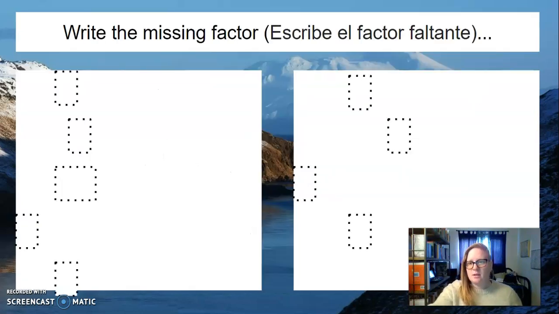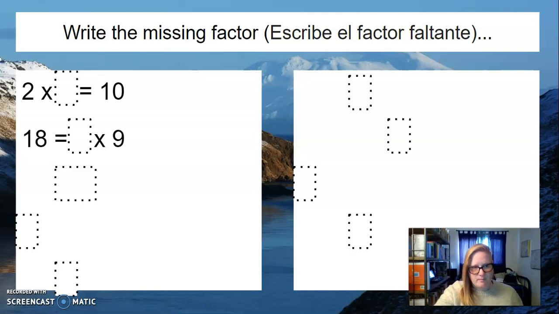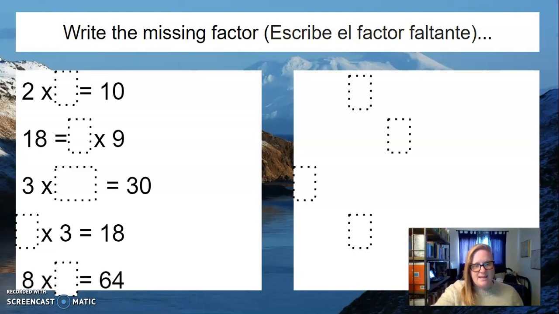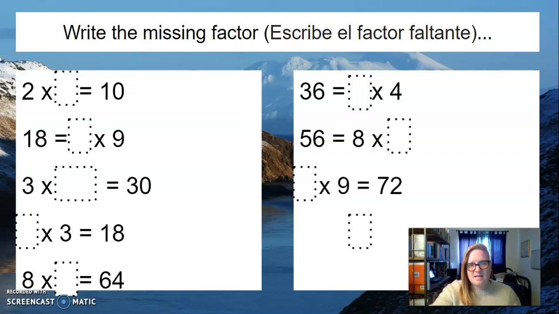So here is your math warm-up for today. You're going to write the missing factors in these boxes. So first we have 2 times blank equals 10. Blank times 9 equals 18. 3 times blank equals 30. Blank times 3 equals 18. 8 times blank equals 64. 36 equals blank times 4. 56 equals 8 times blank. Blank times 9 equals 72. 42 equals blank times 7.